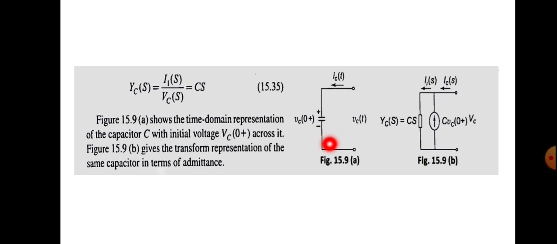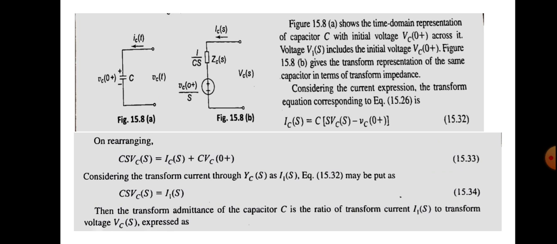This is the capacitor time domain circuit: capacitor C, initial voltage Vc of 0 plus, Vc of t is the time domain voltage and Ic of t is the time domain current. We can replace this capacitor by the parallel combination of two terms: Cs, which is the admittance, and the other one is C into Vc of 0 plus. This is the current equation, so each and every term is a current term, representing a parallel combination of currents.